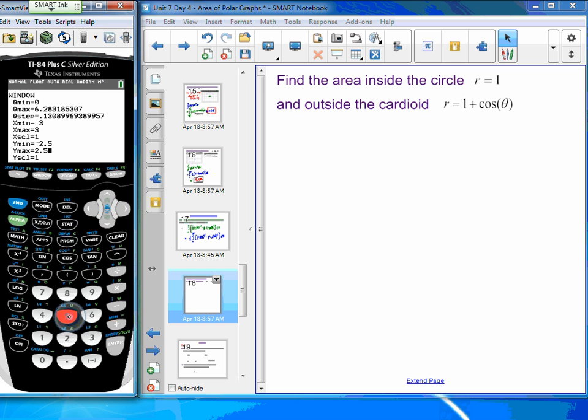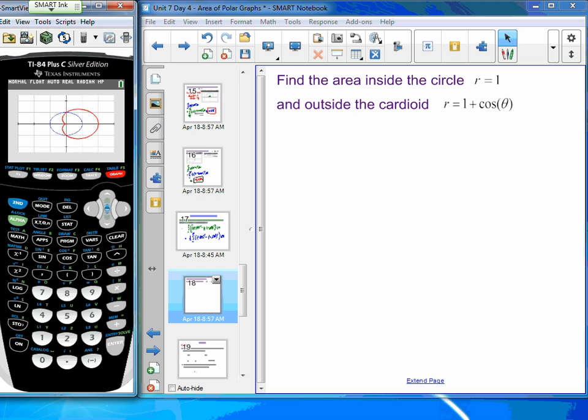I don't know if this is going to make much of a difference, but I'm going for it. So there's my, hey! Aww. So we want inside the circle and outside the cardioid. I have no idea.